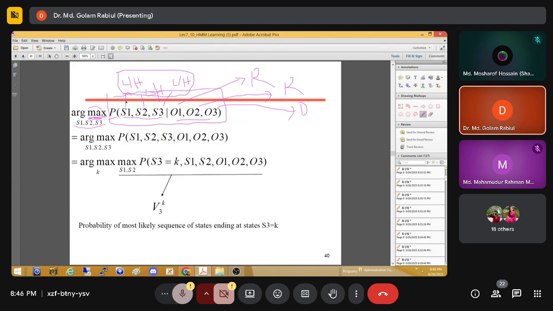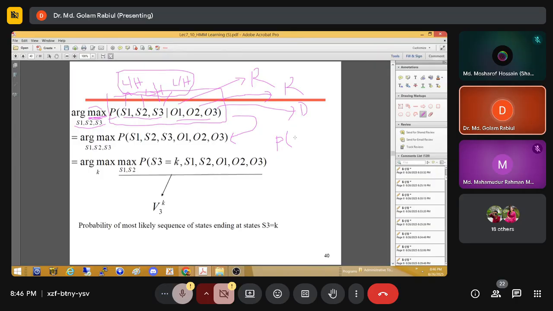Okay. So from here, we can write this based on the product rule of probability theory.